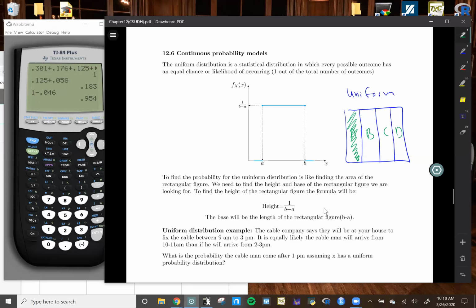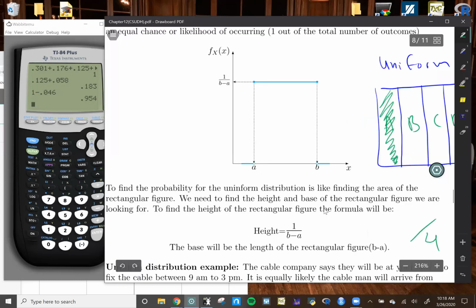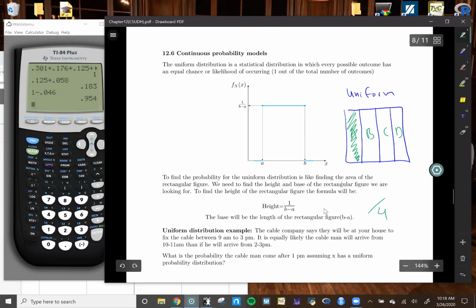And how many rectangles are shaded in A? 1. So you get 1 out of 4. B will also be 1 out of 4, C will be 1 out of 4, and D will also be 1 out of 4, because all 4 of them are equally likely to occur. Everybody so far go with that?